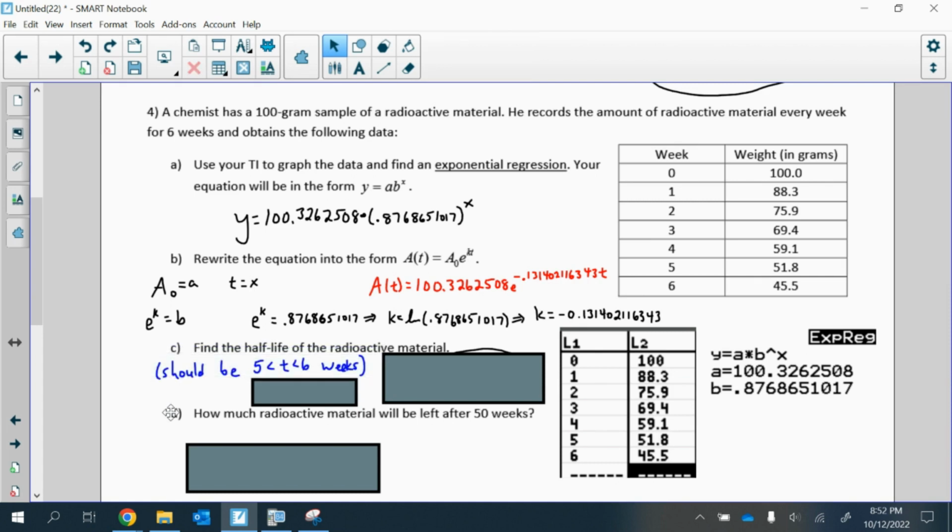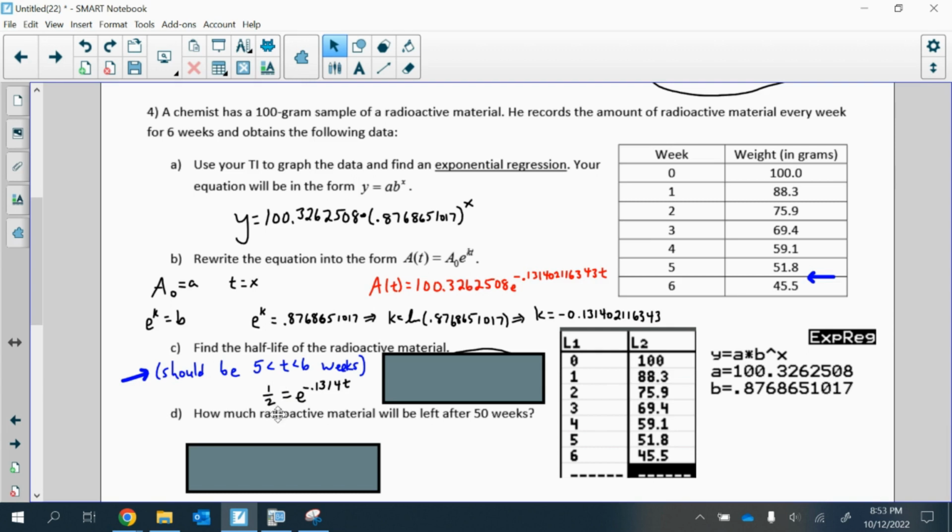If I want to find the half-life, I have to realize that since I started with 100, 50 is going to occur somewhere in here. So this should occur somewhere between 5 and 6 weeks. So I replace this a with 50, basically, or 50 point whatever, but I want this to equal 1/2, right?